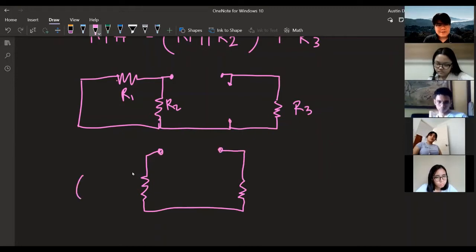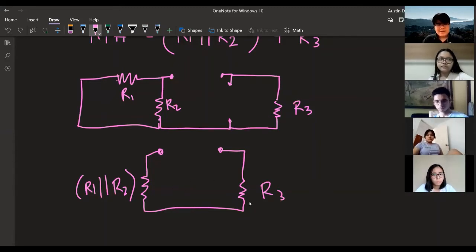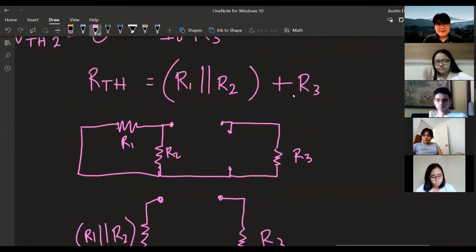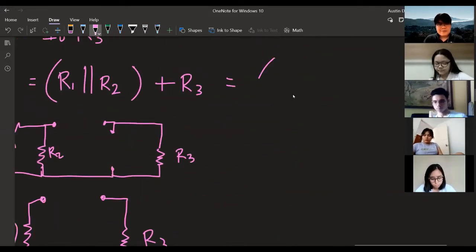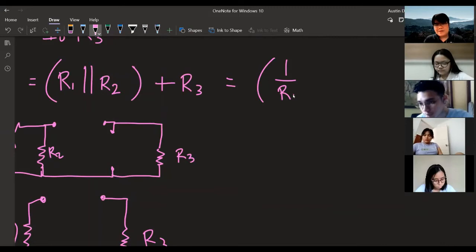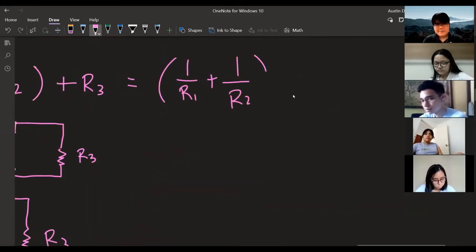So, this guy is R1 parallel with R2. And this guy is R3. And you can see that these guys are in parallel. Ay, in series. Okay? In series. So, plus R3 lang siya. And therefore, in a more explicit way, kung paano ko siya isusulat sa calculator, ito siya.